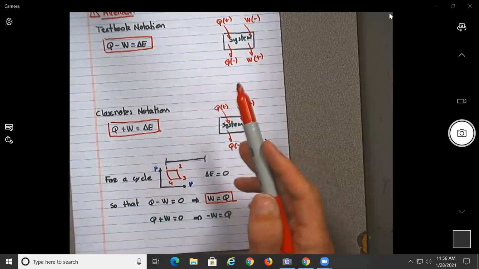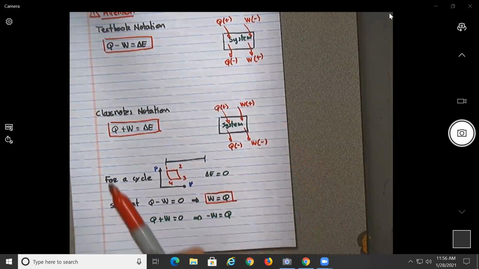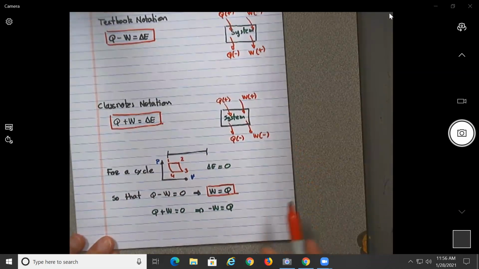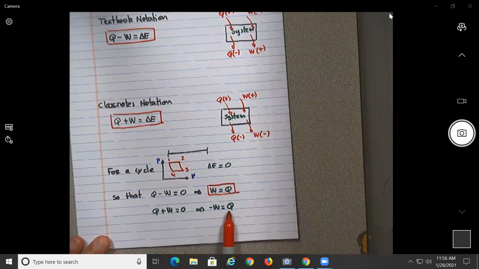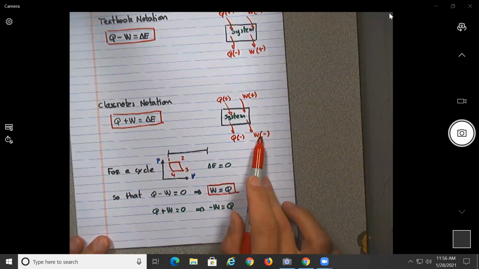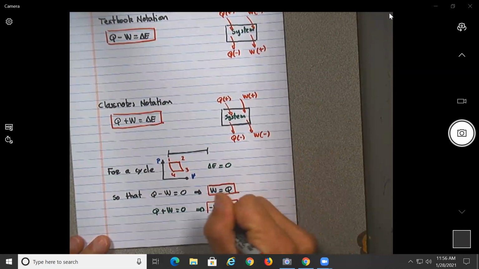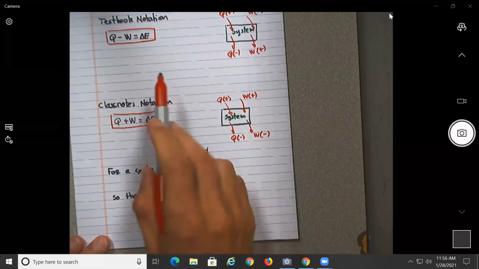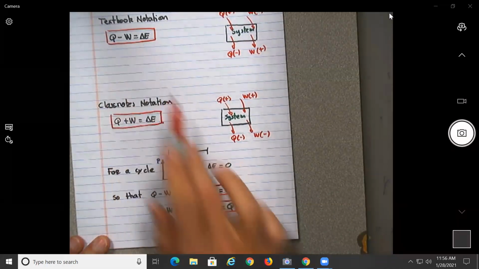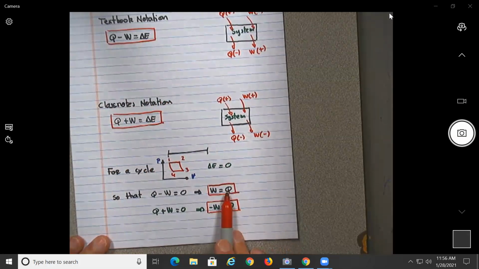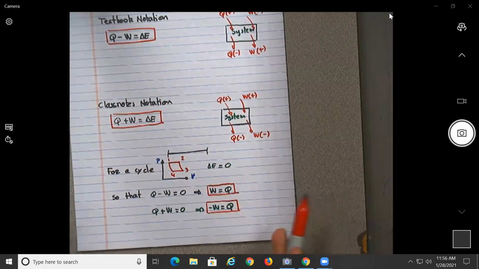However, if we use the 100% mathematically correct equation, the amount of heat going in will be positive, and it needs to be equal to the negative value of the work, because this is actually the one coming out. Yeah? All right. So that is the reason why some books decided to take this notation, because it's a lot easier to explain this, no? Does that kind of make sense?